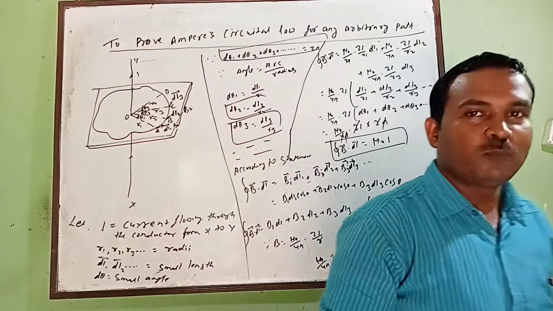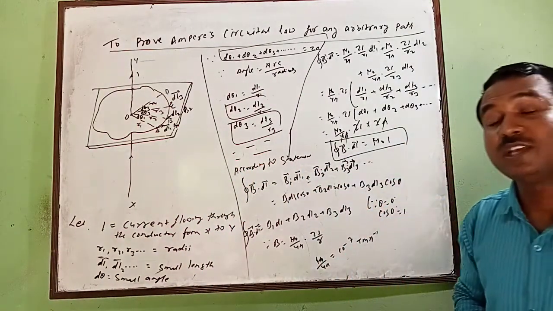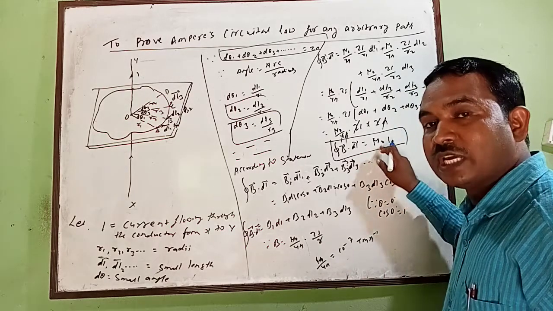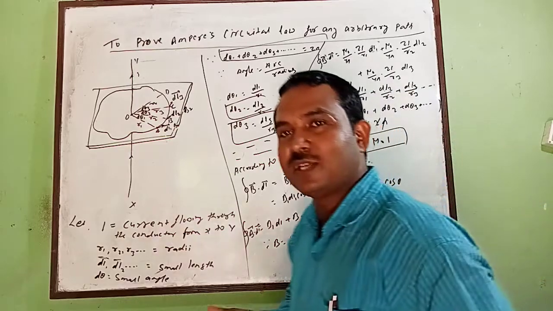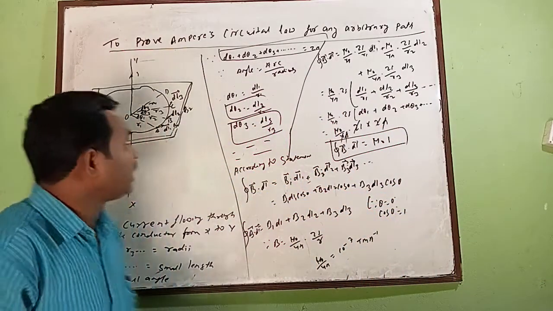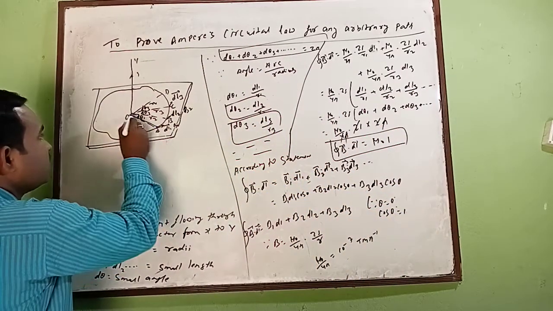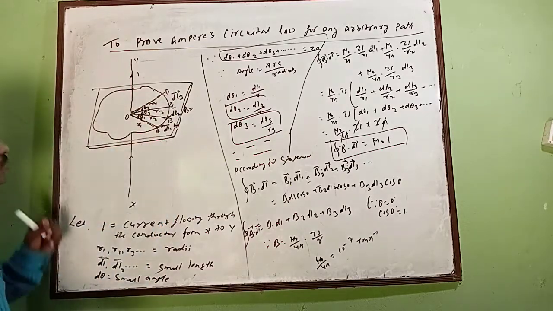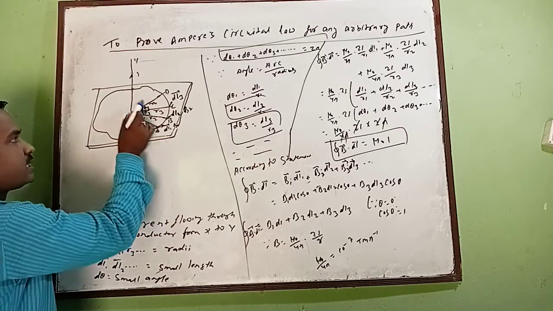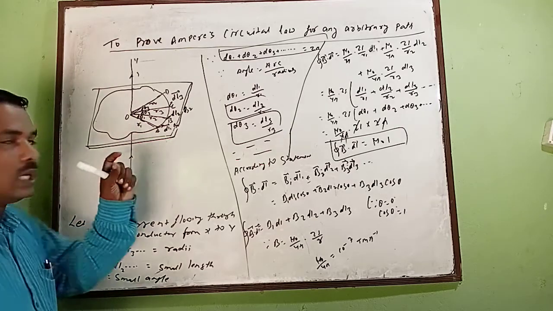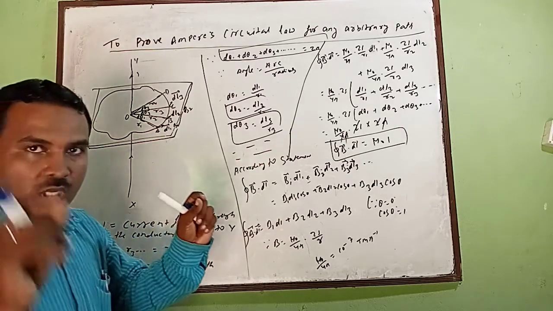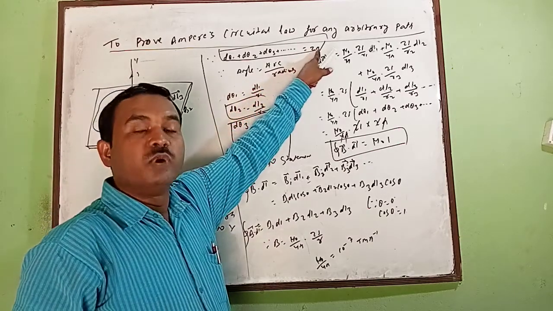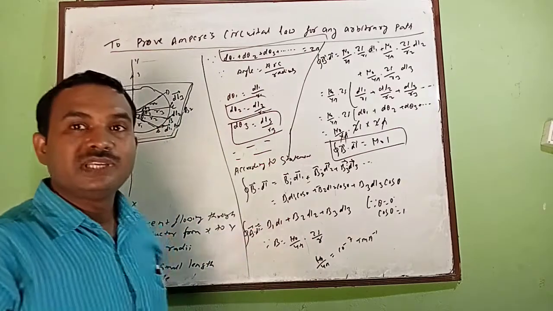Students, with the help of the statement of Ampere circuital law, we got this formula. It is the same whether you take a closed path or any arbitrary path. You see that we have taken small segments, each having some angle, but whenever you add these small angles you will get 2 pi. 2 pi means pi is 180 and multiplied, so here will be 360 degrees.